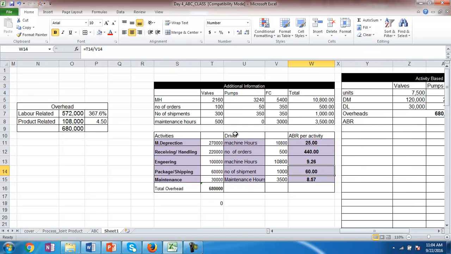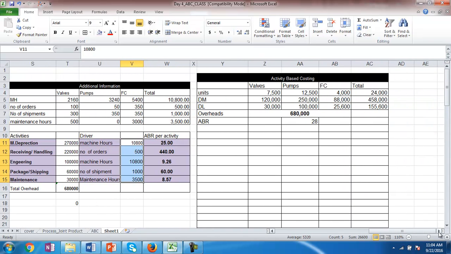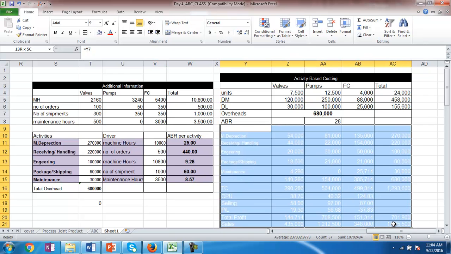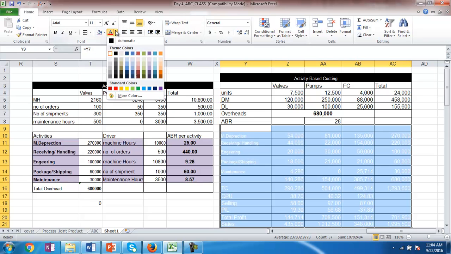But before that it's necessary to know how much of these activities are consumed by these products, which is given in this part of the table. So for each product the activities consumed are given, and the total of that is equal to the total of the drivers that we have been observing here. So let us use this activity driver and activity absorption rate to find the cost and profit.